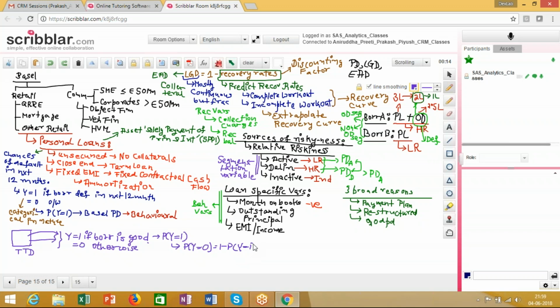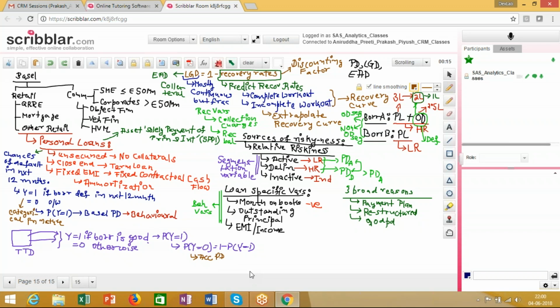But what is the basic difference between this PD that I have calculated, which I call the acquisition PD, right? So what is this acquisition PD?